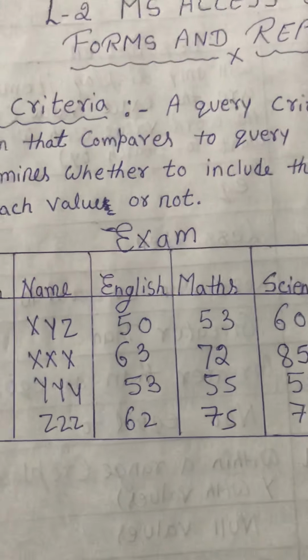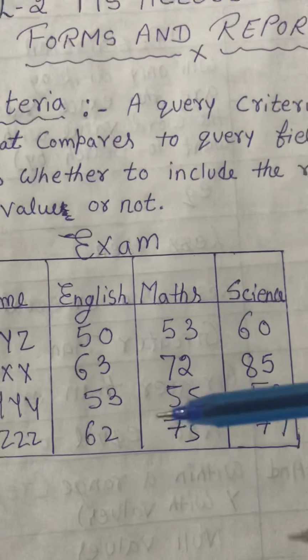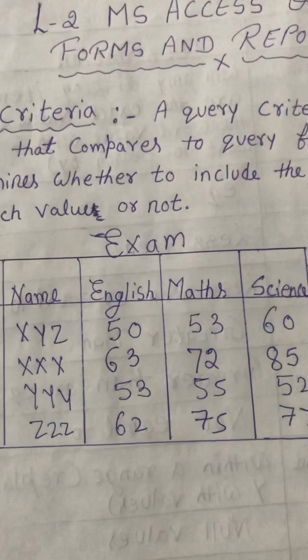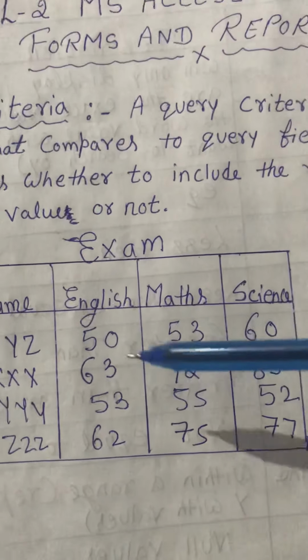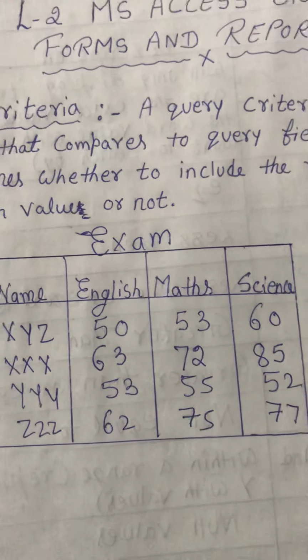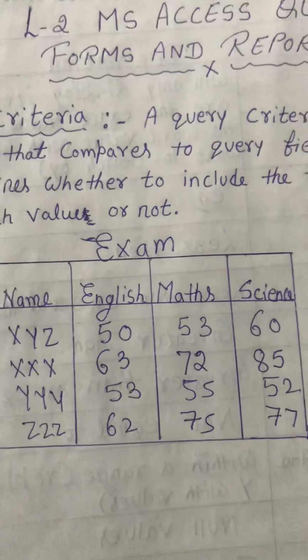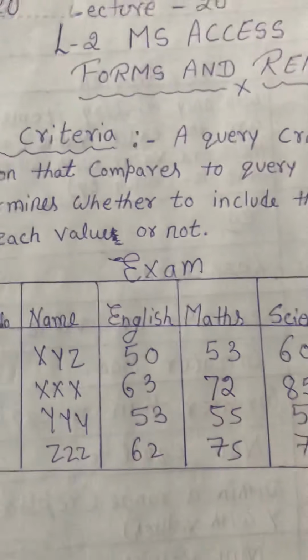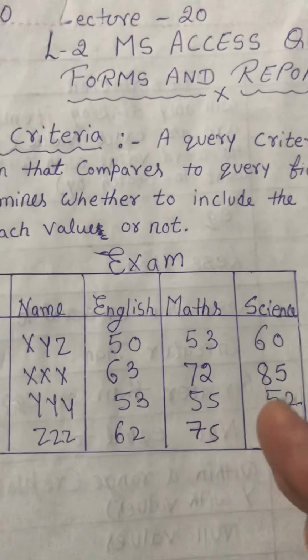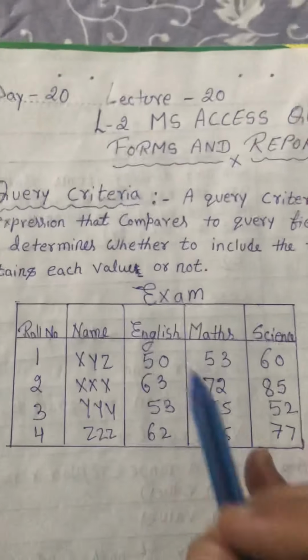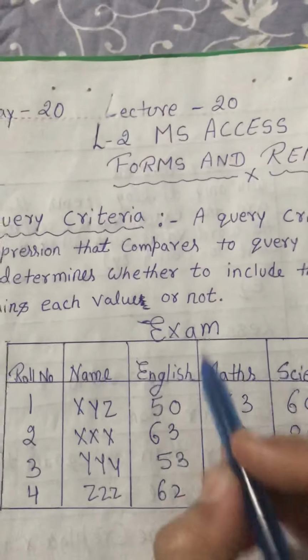So you want to see the records of those students who get marks in any subject greater than 50. Then with the help of query criteria you are able to see the records. Which records are you able to see?